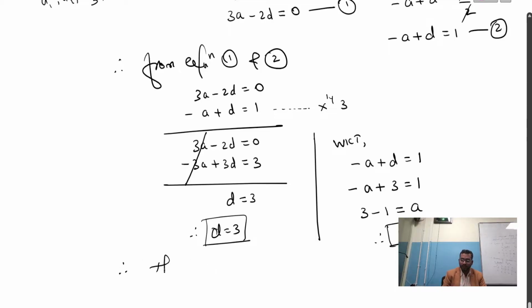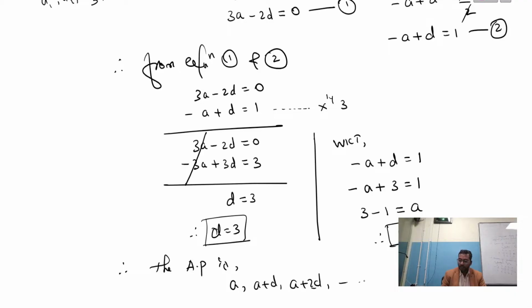Now we can say that therefore the AP is A, A plus D, A plus 2D, A plus 3D, A plus 4D, and so on.